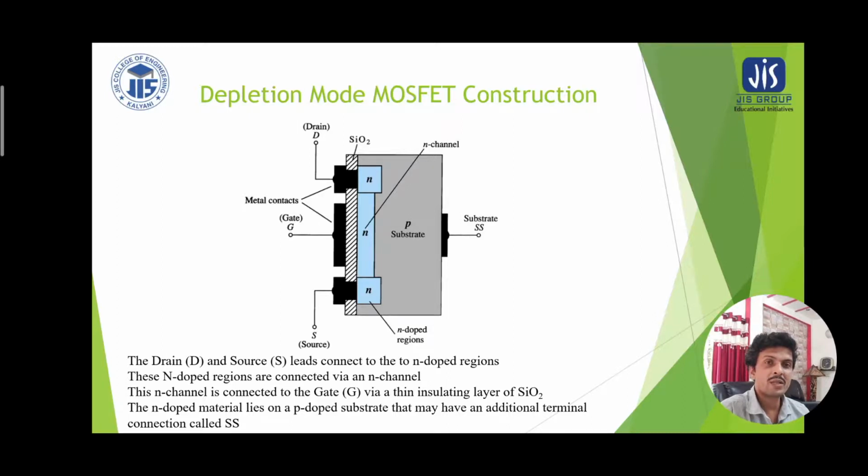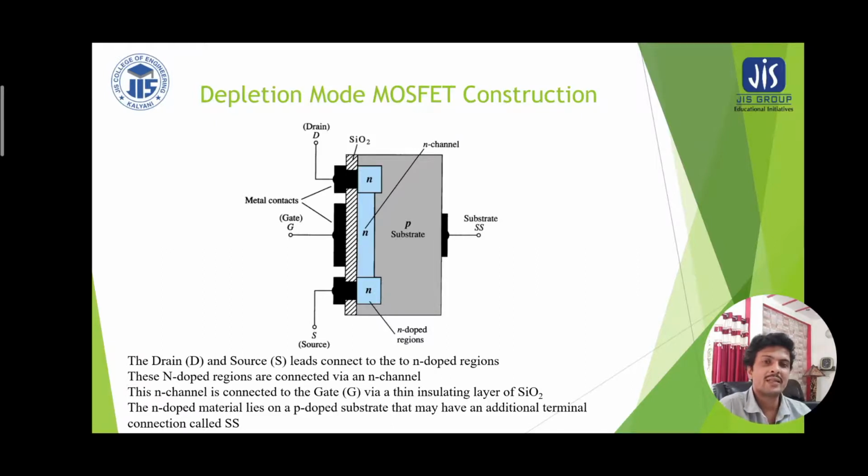From the substrate, another substrate terminal is taken out for reference. After creating the drain well, source well and the channel, a silica layer coat has been given for insulation, and thereafter two wells have been created at the drain and source so that metallic connections can be taken out of the drain and source.